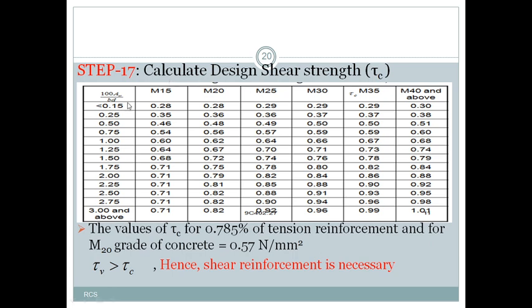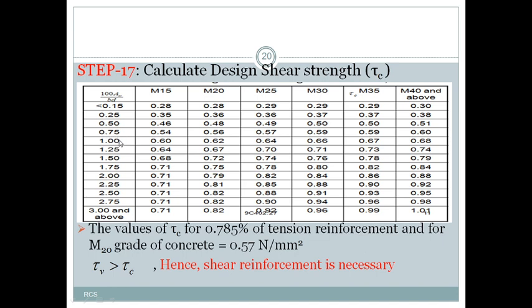Here in the vertical direction we have the percentage of steel, and in the horizontal direction we have the grade of concrete. The percentage of steel obtained is 0.785 percent, and we are using M20 grade concrete. For 0.785% we don't have a particular value, but this value falls between 0.75 and 1.